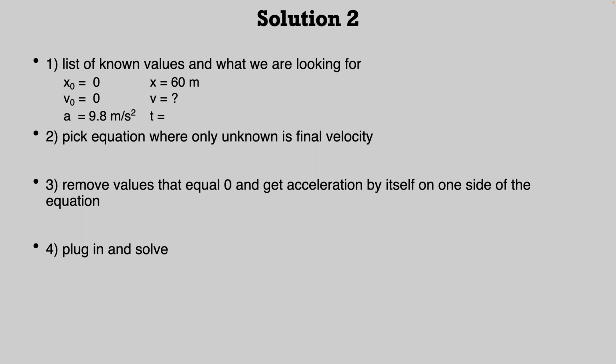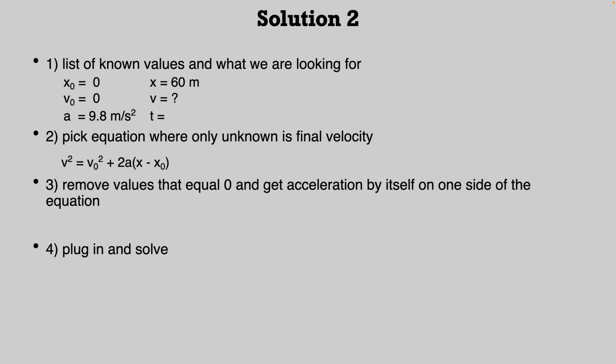So we're going to pick an equation where the only unknown is final velocity, which means an equation that doesn't have time in it. The only one that fits that is this one: V squared equals the initial velocity squared plus 2 times acceleration times the change in distance.